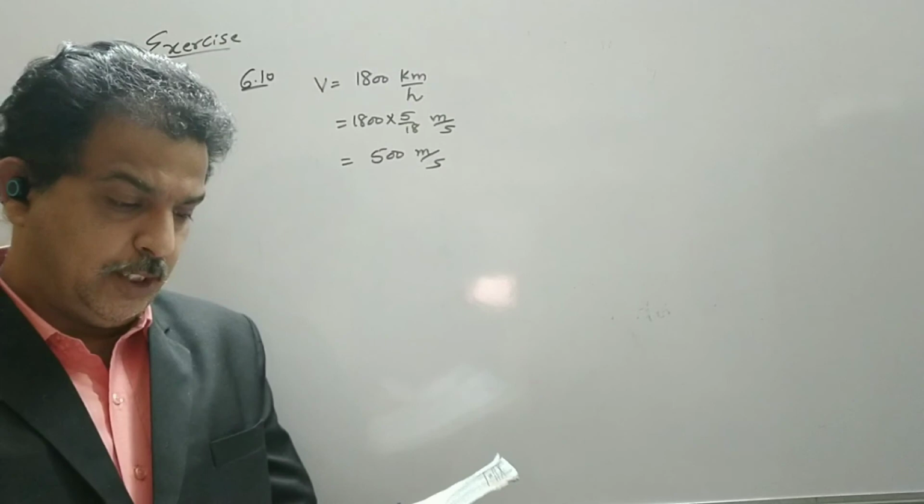So motional EMF is equal to, now BV we know is B into sine of I, that is the dip angle. So this B is given as 5 into 10 raised to minus 4, into the dip angle, sine 30, into the speed, which is 500, and the length, which is 25. So this will be equal to 5 into 10 raised to minus 4, sine 30 is half, into 500 into 25.